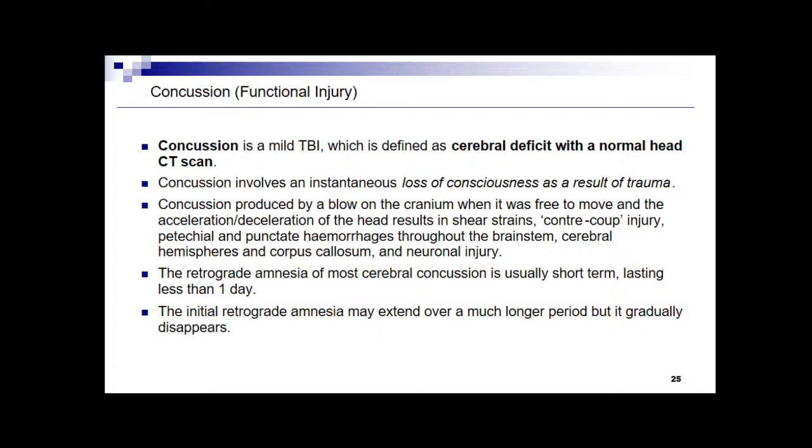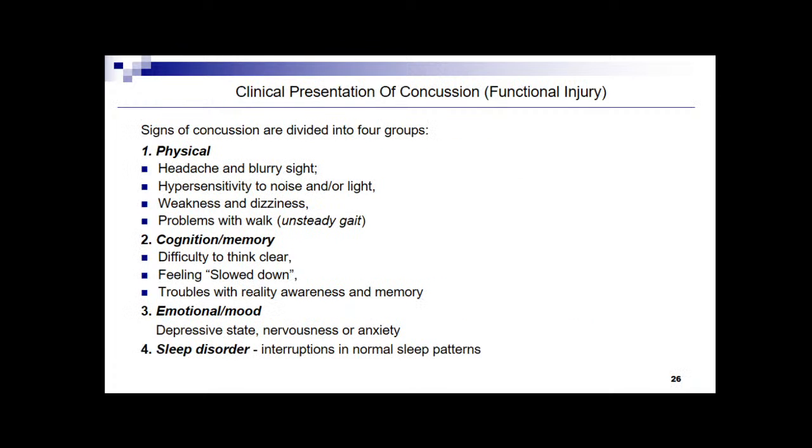The retrograde amnesia of most cerebral concussions is usually short-term, lasting less than 1 day, from a few minutes to 1 day. The initial retrograde amnesia may extend over a much longer period, but it gradually disappears. And finally, the patient can recover completely.